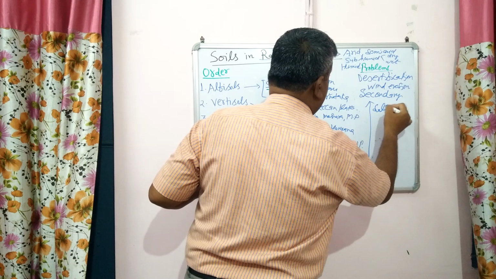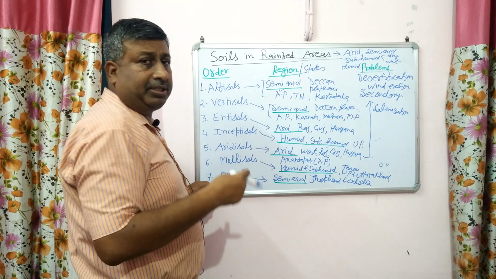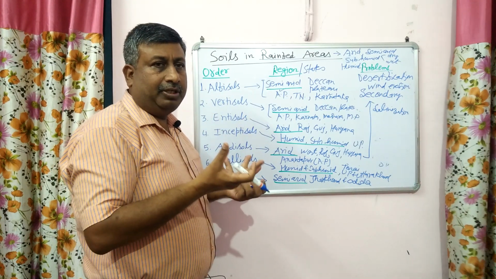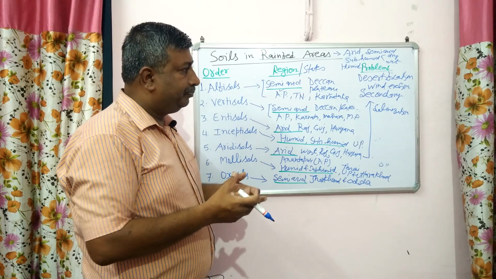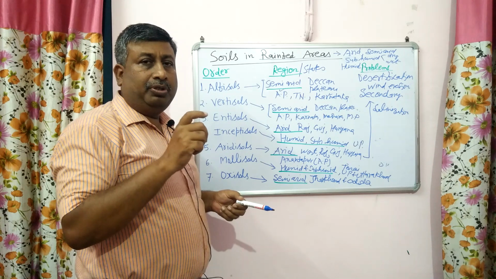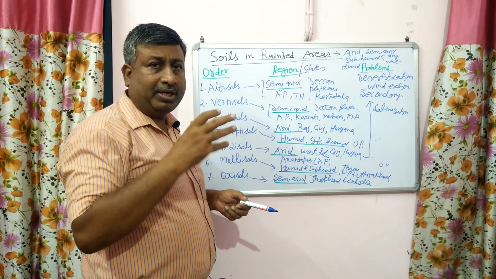Secondary salinization. In natural salinization, salts are present in the soil and they come to the soil surface through capillary rise. So there is a natural source of salt. But in secondary salinization, salinity occurs due to human activity. For example, shallow water table and canal irrigation.